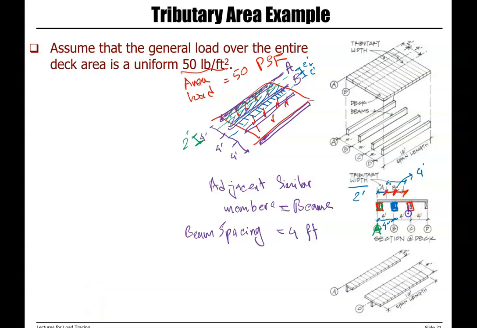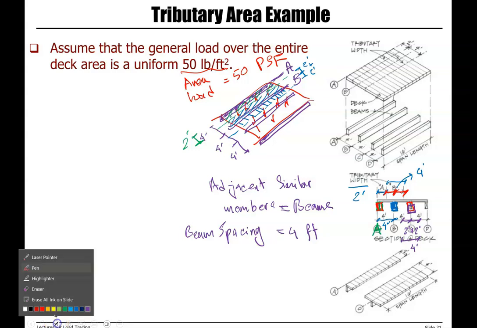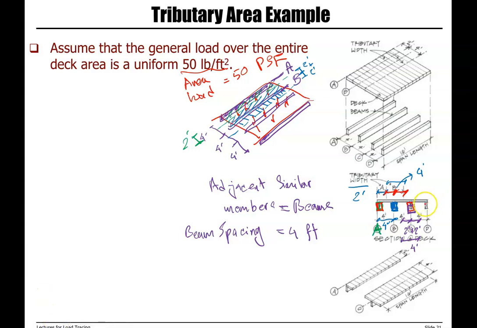It has two adjacent members, B and D, so tributary width for C is 4 feet. And then finally, if we look at beam D, it only has one adjacent member, which is beam C. So tributary width for beam D is 2 feet.